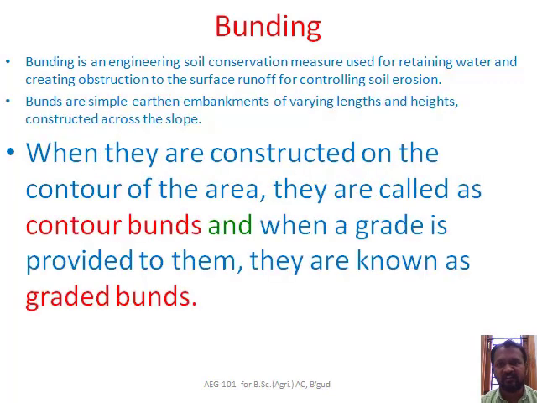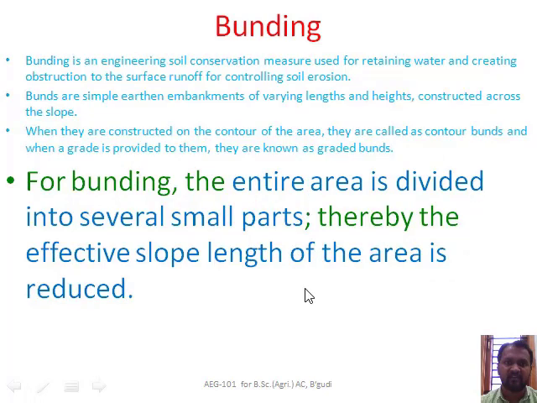When they are constructed on the contour of the area, they are called contour bunds. When a grade is provided to them, they are known as graded bunds. These are the two major types of bunds: one is the contour bund and another is the graded bund.